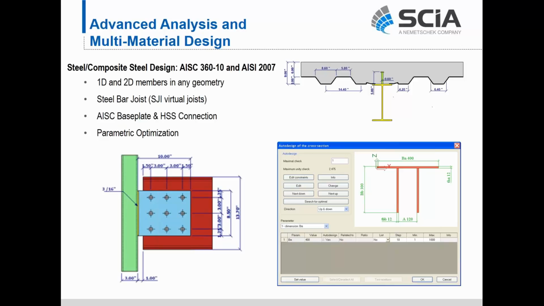Another functionality that we offer is parametric optimization. So beyond just being able to easily model in 3D, you can create parametrics and create models just by adjusting the parameters. It just allows you to speed up your workflows.